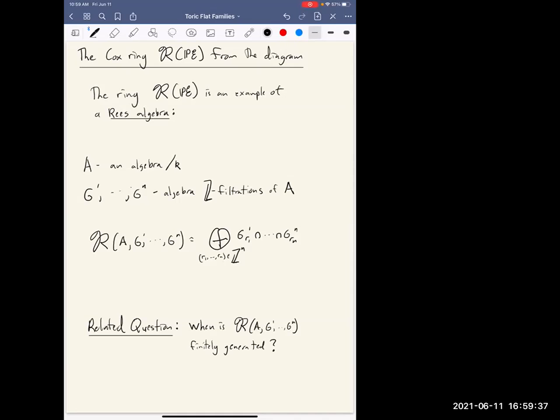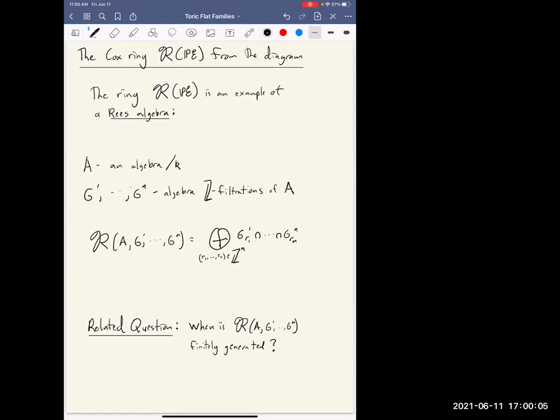So what that is: if you have an algebra over your field, and you have a collection of integral algebra filtrations of your algebra, then you can define an associated multigraded algebra by, for any integer vector of length n, you just take the corresponding filtration spaces in each of your filtrations and you intersect them.